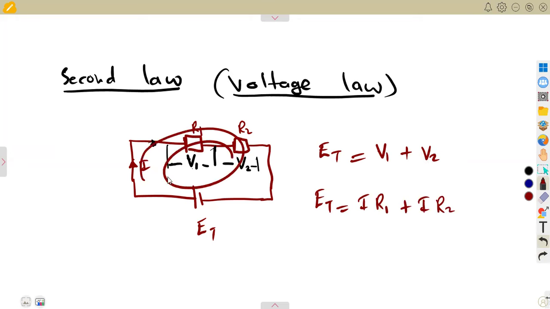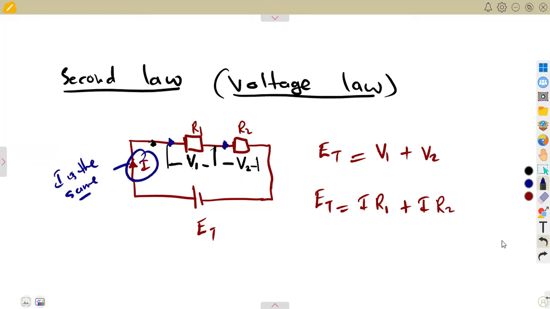Remember, in a series, current is the same. So meaning to say the current across R1, the current across R2 is this total current that we are given. So the voltage drops, these are the ones that we are considering. The algebraic sum of the potential differences.